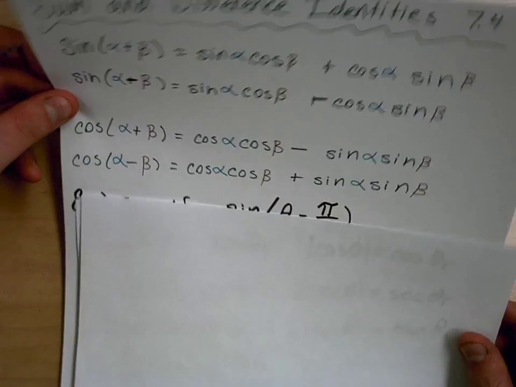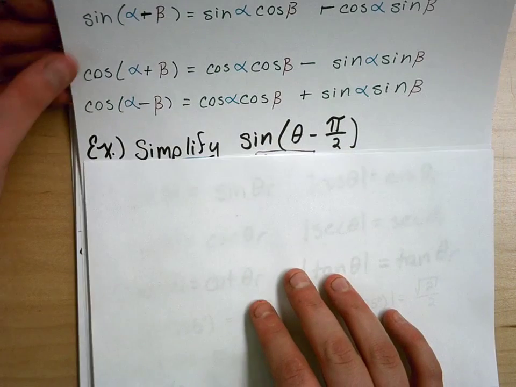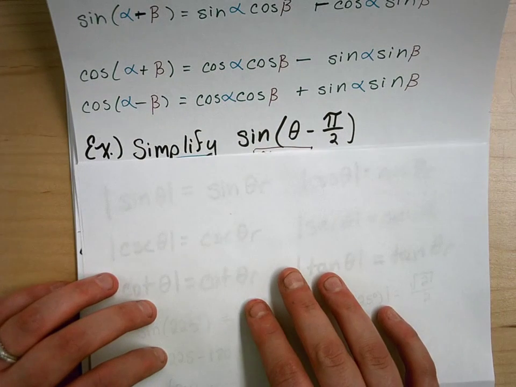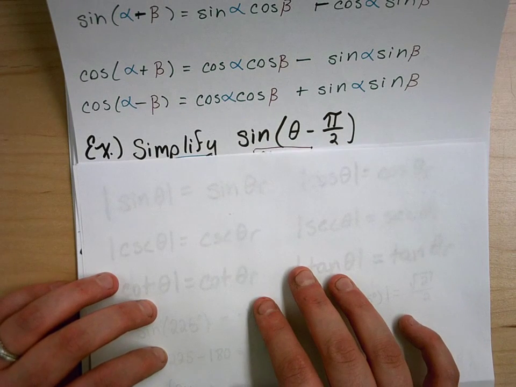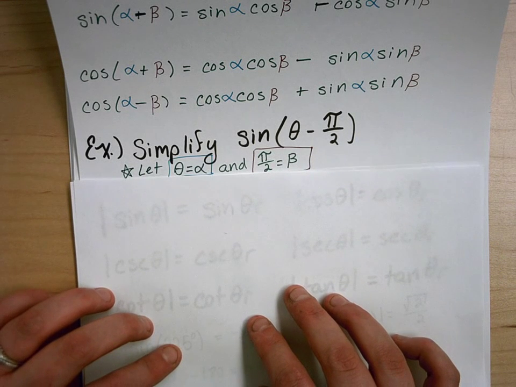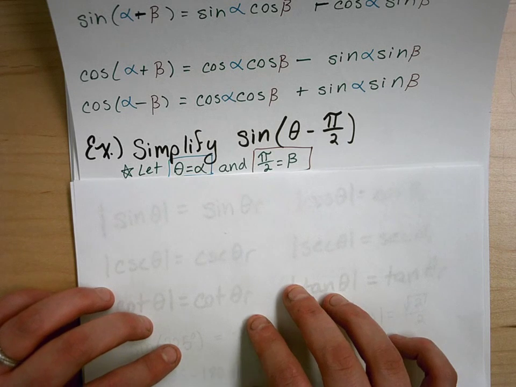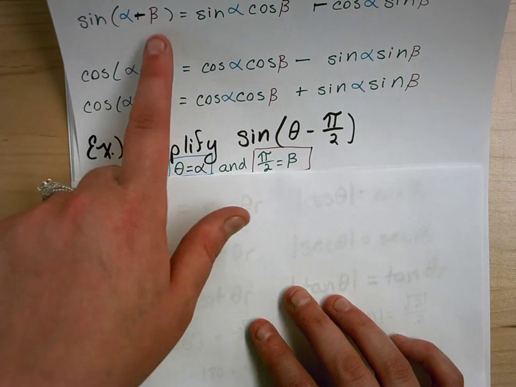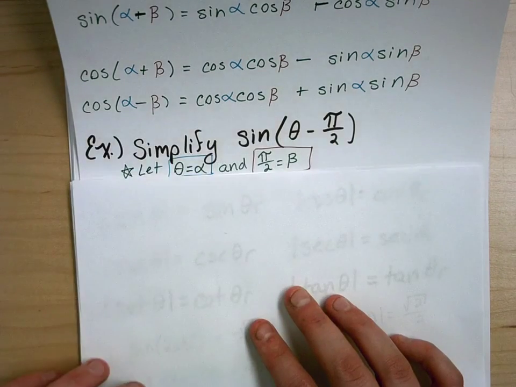So let's look at an example of how we use this. Let's say we're asked to simplify sine of theta minus pi over 2. First, let theta equal our alpha, and let pi over 2 equal our beta, and substitute them into the formula up here.